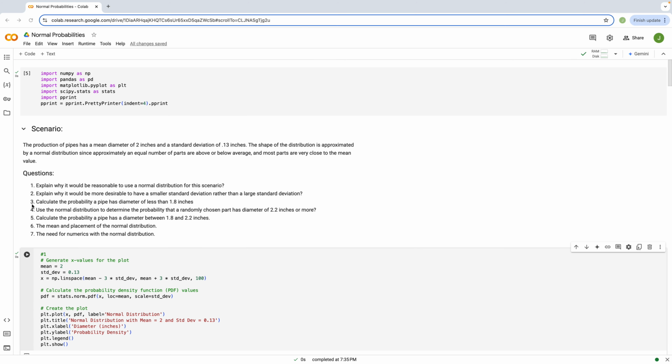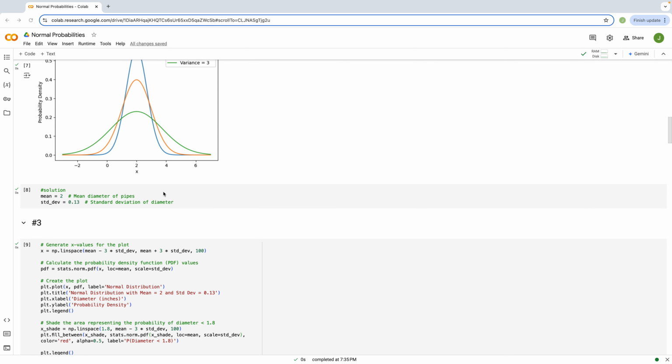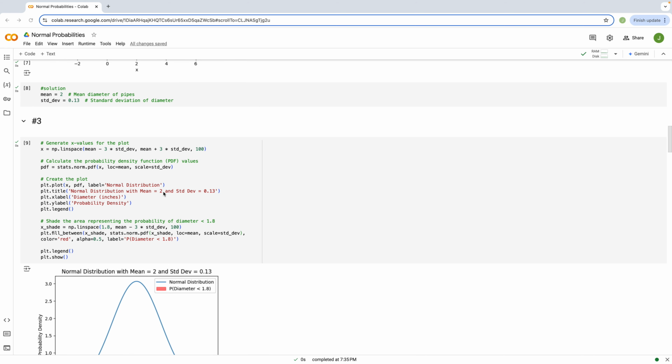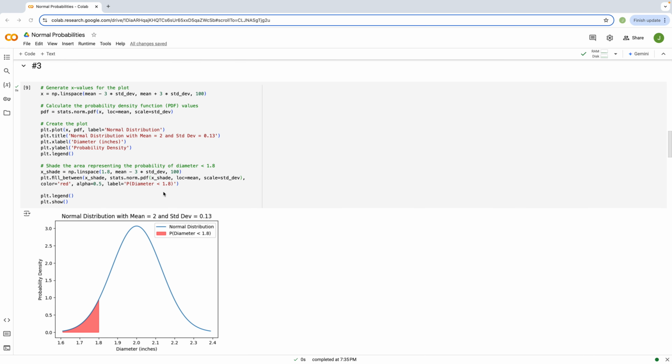Let's answer this question. We're on to question 3. I want to calculate the probability a pipe has a diameter of less than 1.8 inches. Here, all we're going to do is use the cumulative distribution function. We need to use the cumulative here because we're calculating a less than probability.